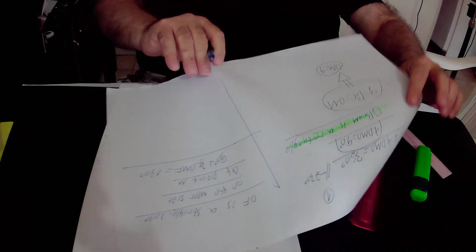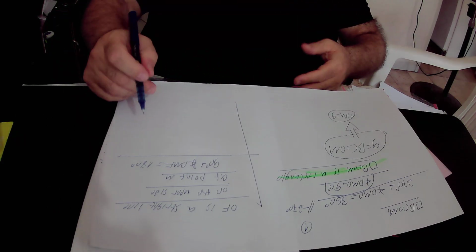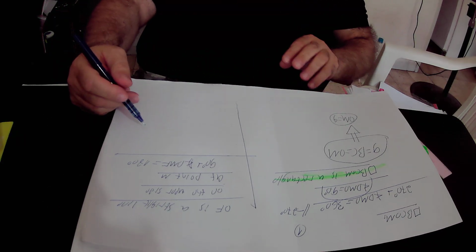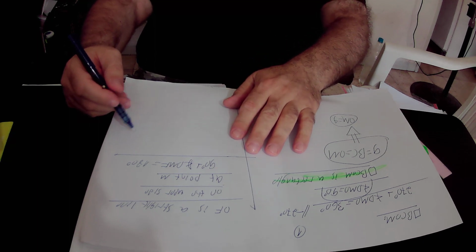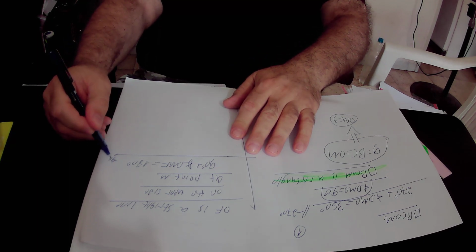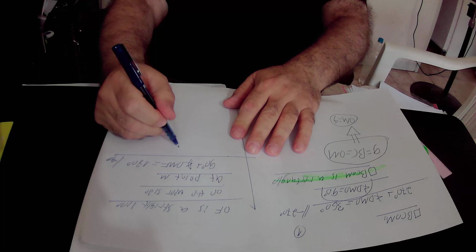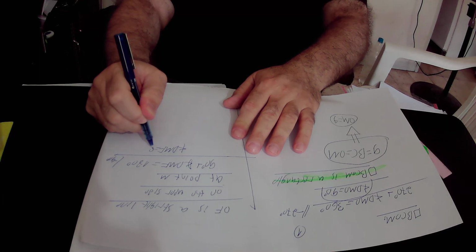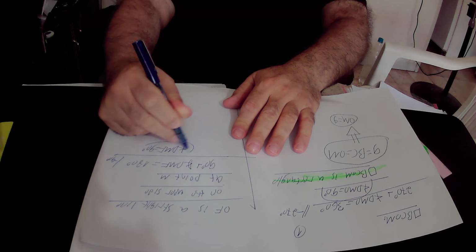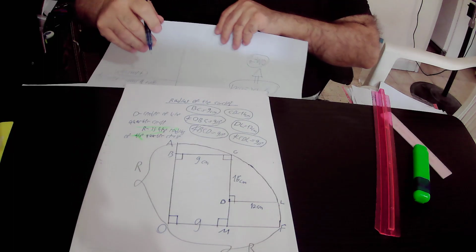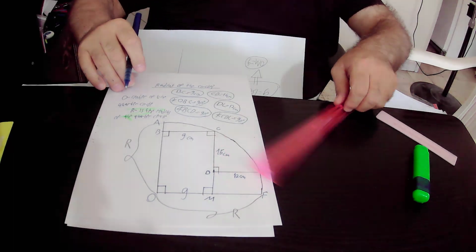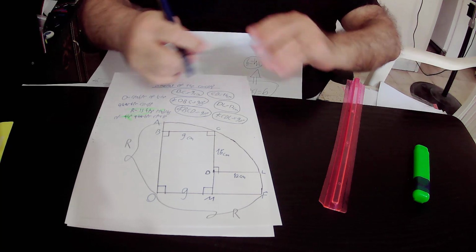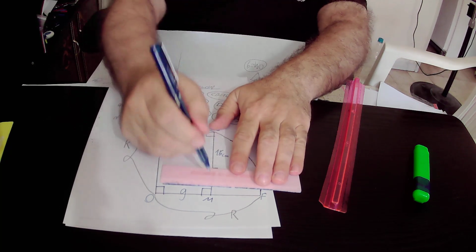So here we have 90 degrees plus angle DMF equals 180 degrees. We subtract 90 degrees and we get that the missing angle DMF equals 90 degrees. So this angle is a right angle, equal to 90 degrees.